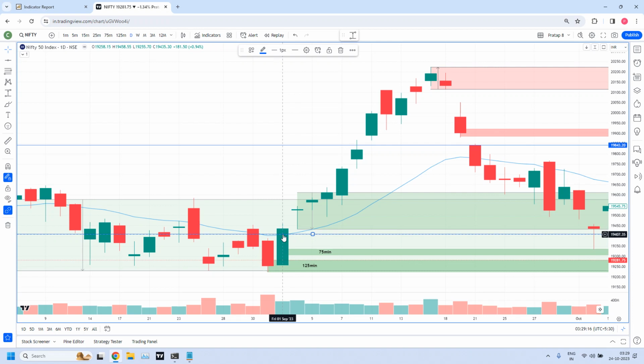Assume exactly here sellers keep on selling and buyers keep on buying. What happens? Volume will keep on increasing. Buyers keep on buying at this location, sellers keep on selling at this location. And finally demand might have exceeded the supply, there are no more sellers, and by the end of the day it just went up and closed.